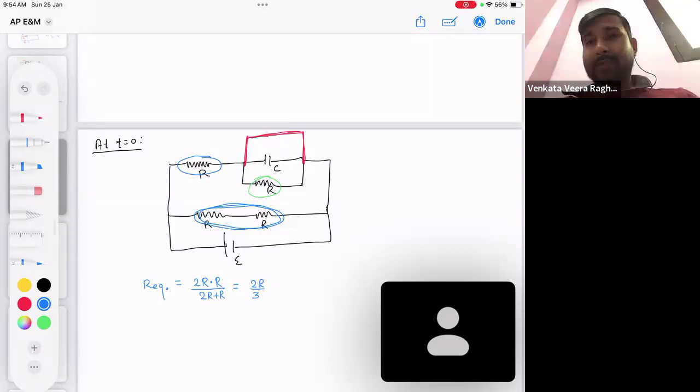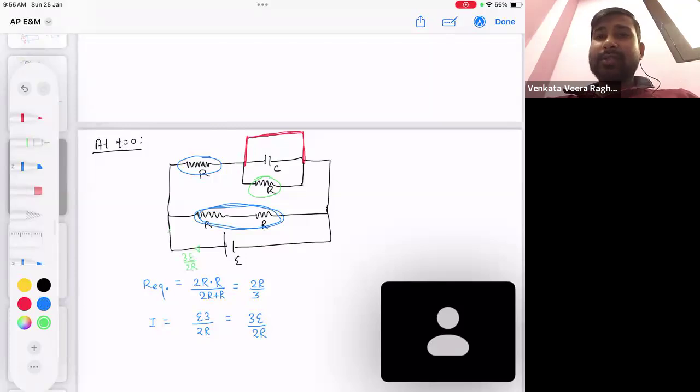So what is going to be the current now? EMF divided by 2R by 3. So 3E by 2R, that is the total current in this branch.